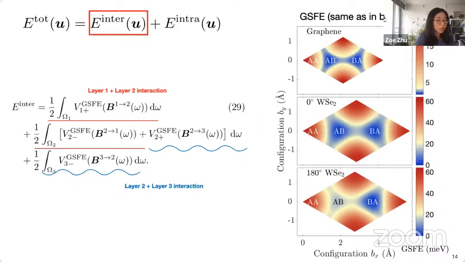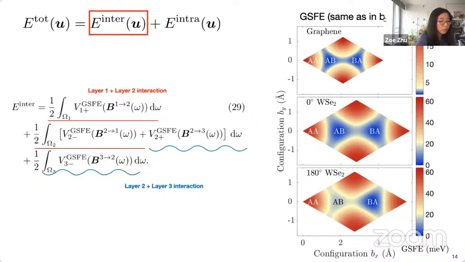So with this space in mind, we now write down what each term would be like. First, the interlayer term is described by the generalized stacking fault energy, which is the same as for the bilayer. We extract the GSFE from density functional theory, and of course this is a generic description for any type of 2D material. Here I'm showing examples of graphene and WSe2 of 2 different orientations.